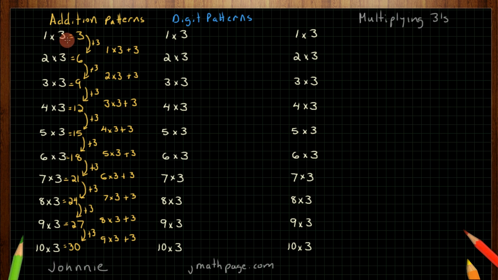So we know that 1 times 3 equals 3. 2 times 3 equals 6. 3 times 3 equals 9. 4 times 3 equals 12. 5 times 3 equals 15. 6 times 3 equals 18. 7 times 3 equals 21. 8 times 3 equals 24. 9 times 3 equals 27.